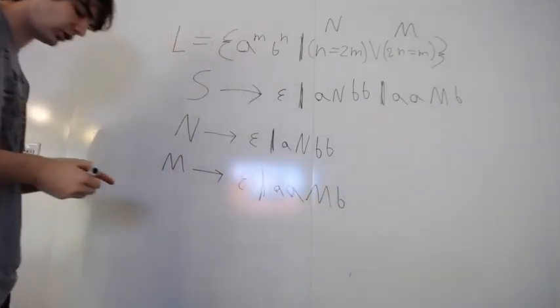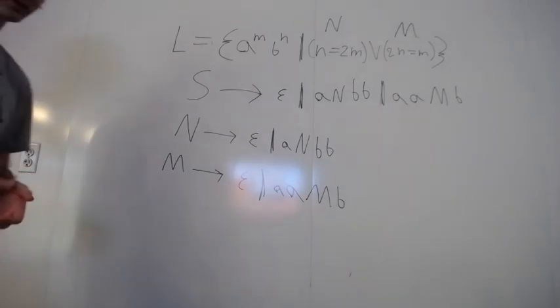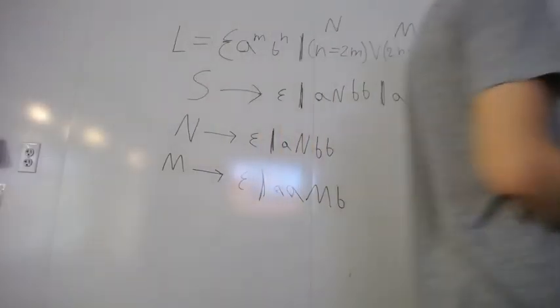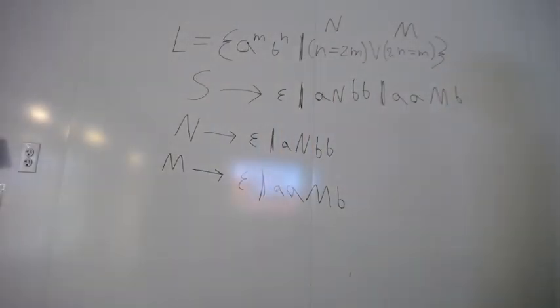Okay, so now thinking in the formal definition, what are our variables? Formal definition of a CFG. So S, N, M. Yep. S, N, and M are all variables. And what are our terminals?